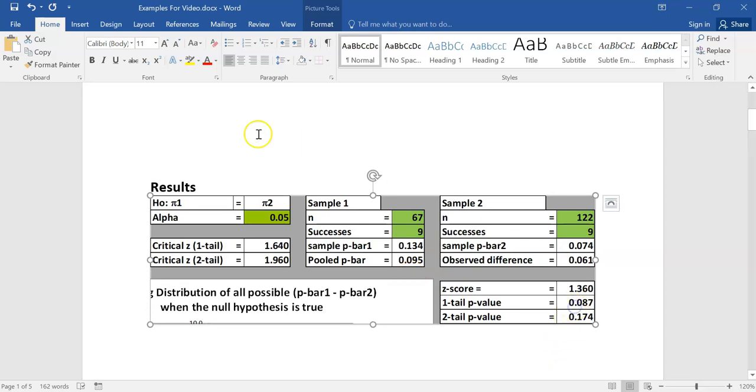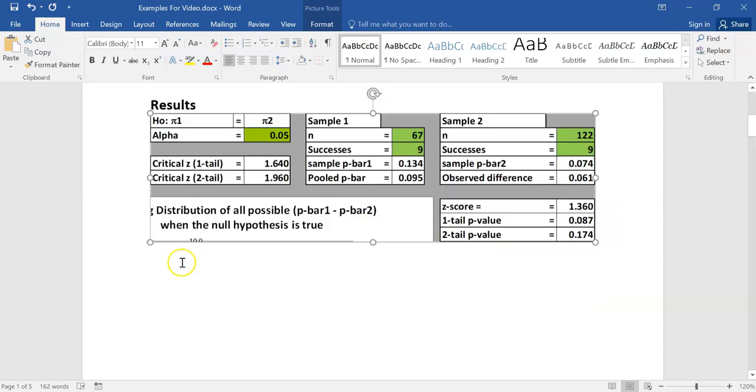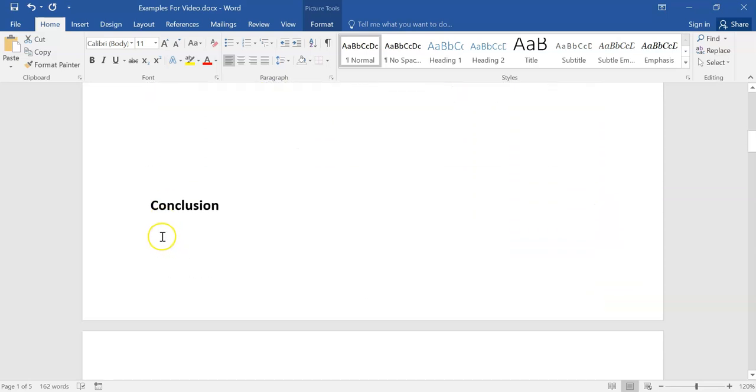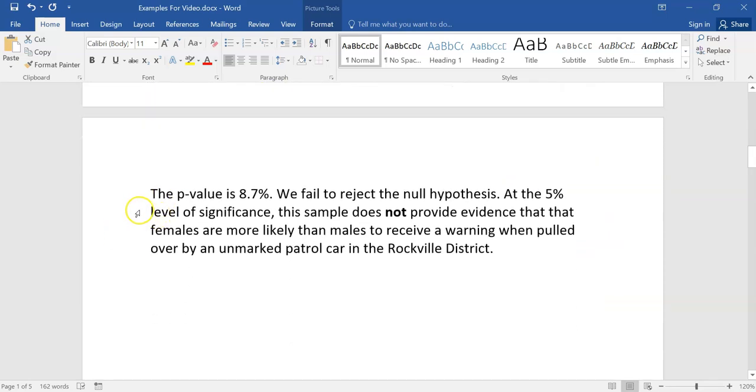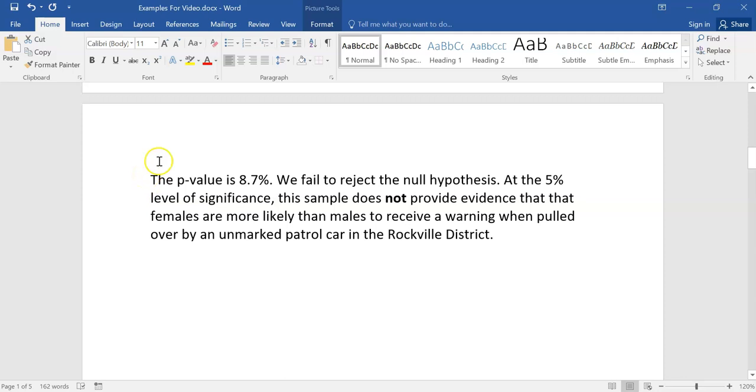Remember, 8.7% is bigger than 5%. So our formal conclusion, with a p-value of 8.7%, we fail to reject the null hypothesis. At the 5% level of significance, the sample does not provide evidence that the females are more likely than males to receive a warning when pulled over by an unmarked patrol car in the Rockville district.